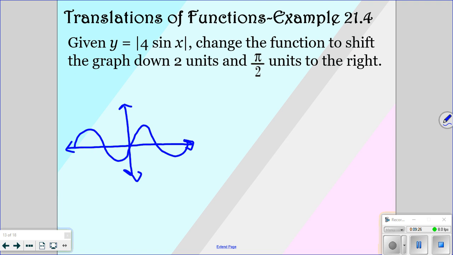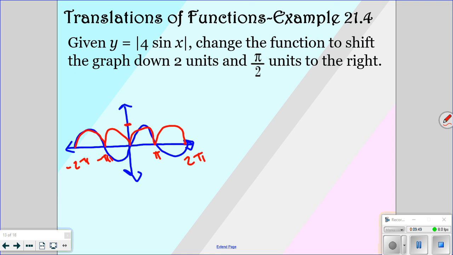But since it's the absolute value, it's going to do this, because it's going to have to all be positive. Okay? And this is negative 2 pi, negative pi, pi, and 2 pi. So you don't use these parts down here, just the red part.